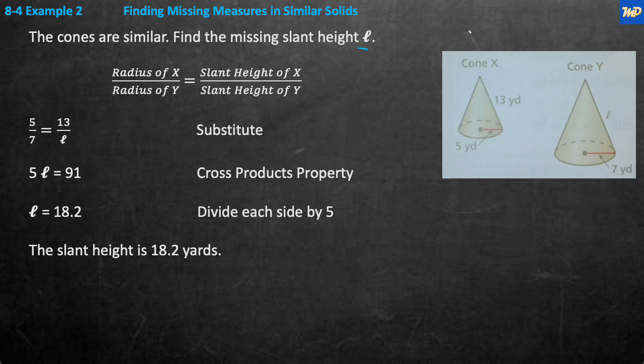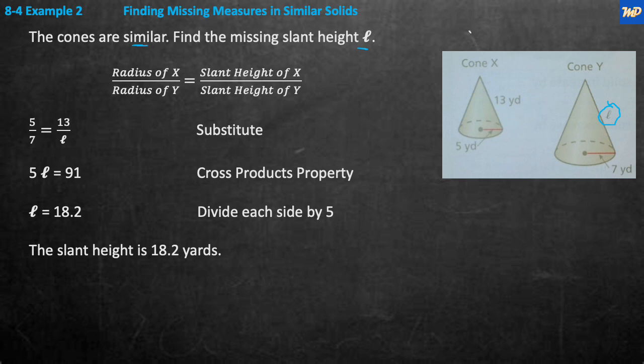The radius of X divided by the radius of Y is equal to, since they're similar, the slant height of X divided by the slant height of Y. Now we can form an equation. We want to know the slant height of cone Y, where the L is.